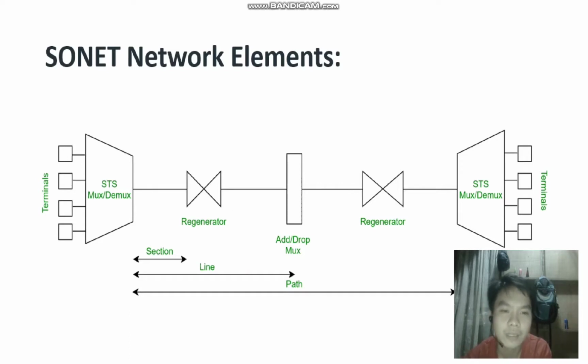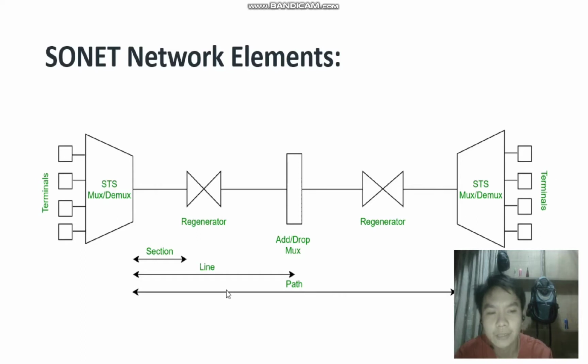Then after the add or drop mux, it goes to the regenerator. Then it goes to the STS demux. And after that, the four terminals here represent the output of our network. The section, then the section, the line, and the path.